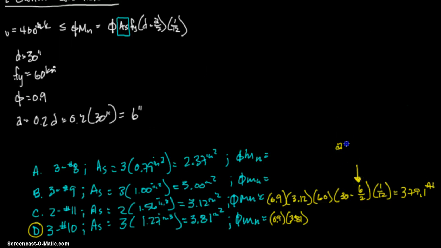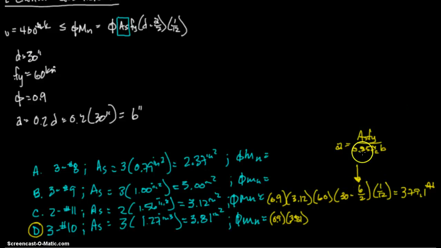This a is As Fy over 0.85 f'c b. So f'c is typically going to be 4,000. You know what your b is because they gave it to us. Our 0.85 is always going to be 0.85.